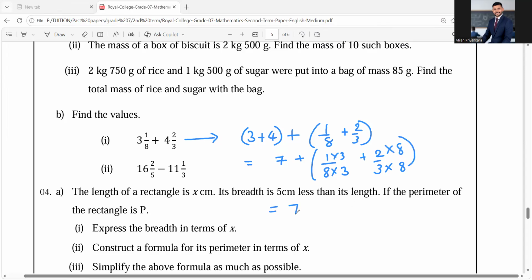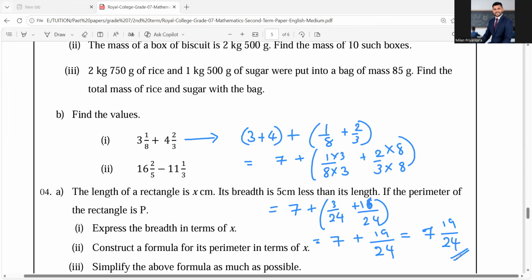Now you have 7 plus 3 over 24 plus 16 over 24. Then it goes like 7 plus 3 plus 16 is 19 over 24. Right? And then the answer is 7, 19 over 24. Now, that's it.